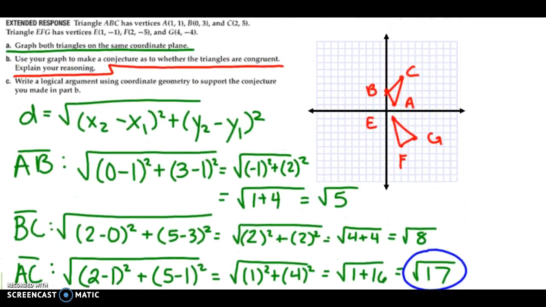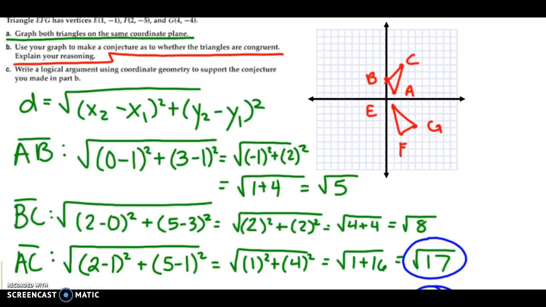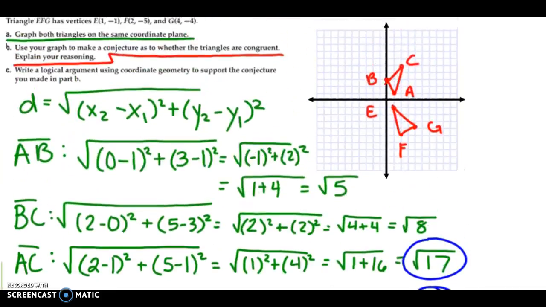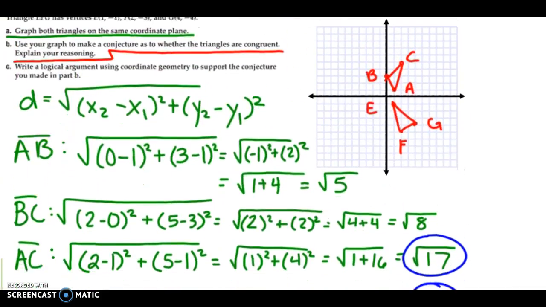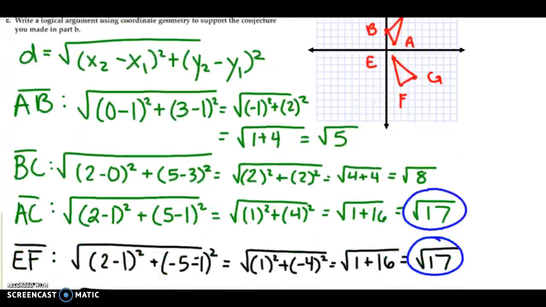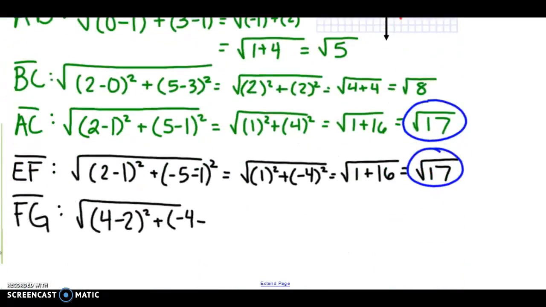Okay, well FG, F is (2, -5) and G is (4, -4). So we're going to take 4 minus 2 squared plus negative 4 minus a negative 5 squared.